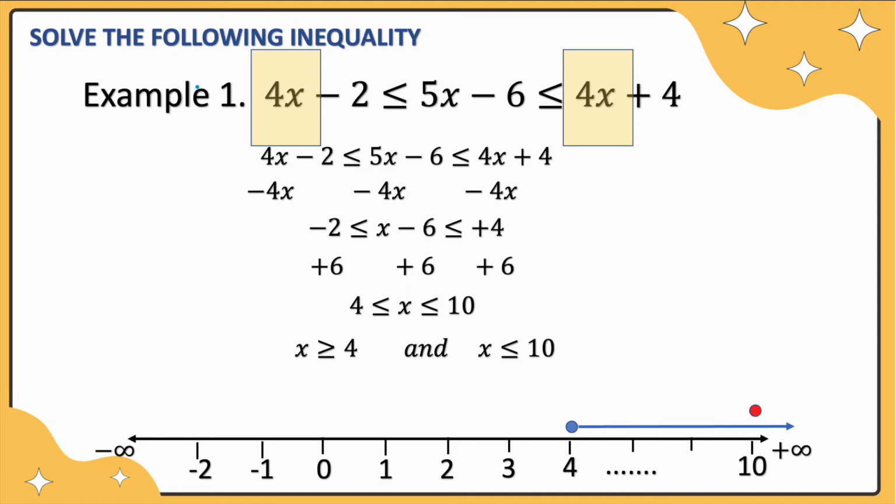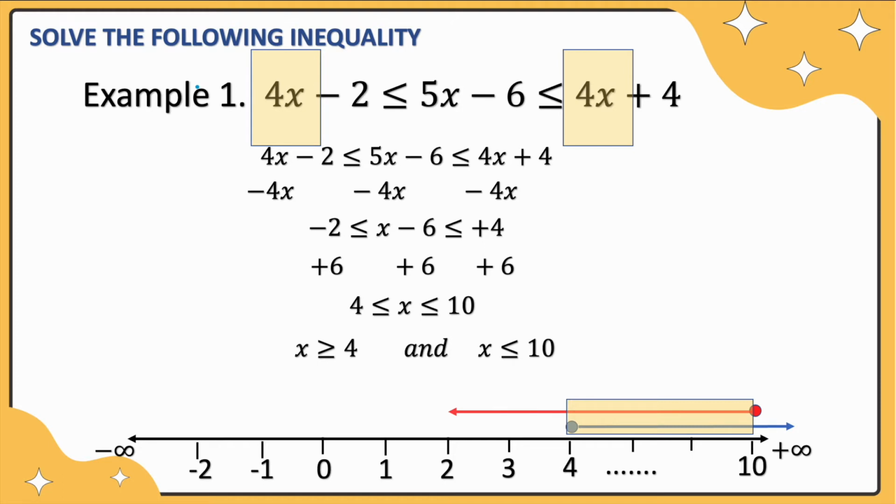Since 10 is included, we use a closed circle again. Then shade all the values less than 10, including 10. So here you can see the values between 4 and 10 overlap. That means all the values between 4 and 10, including 4 and 10, would make our inequality true.